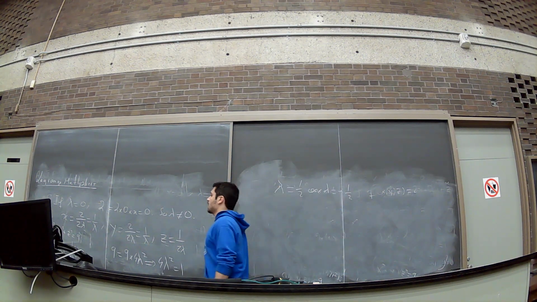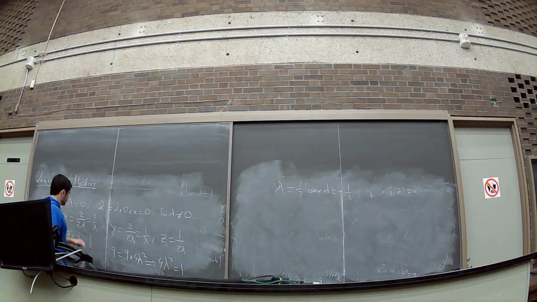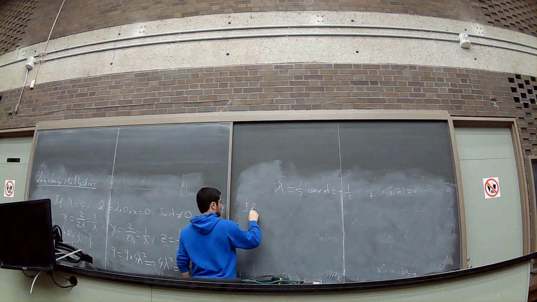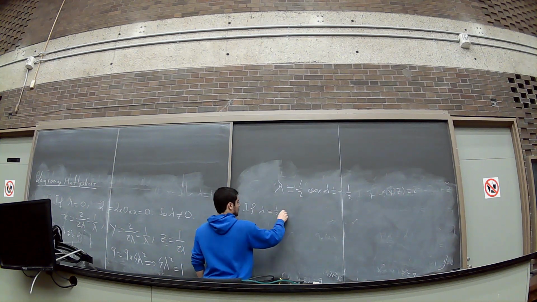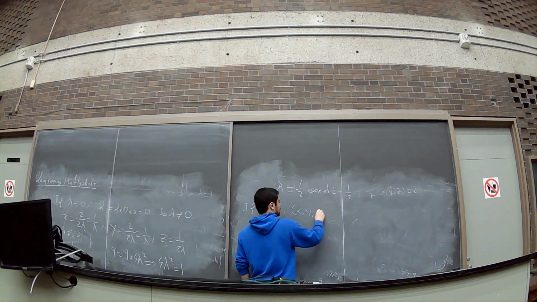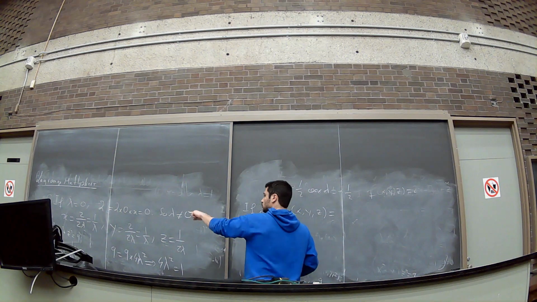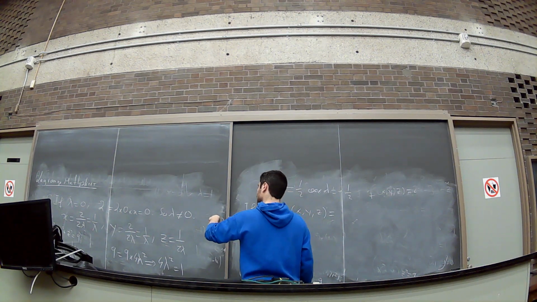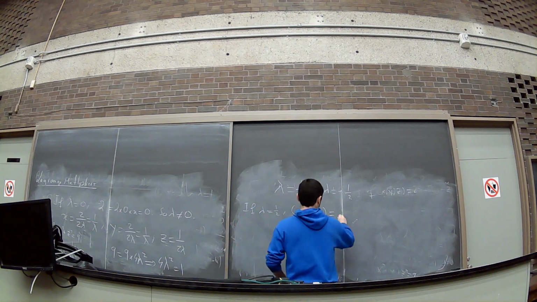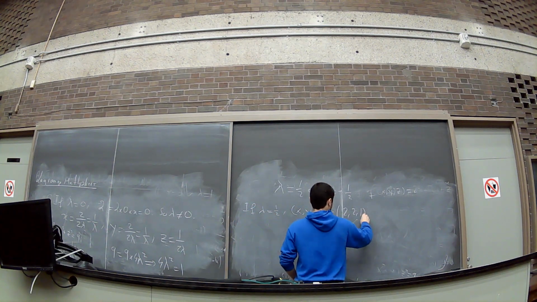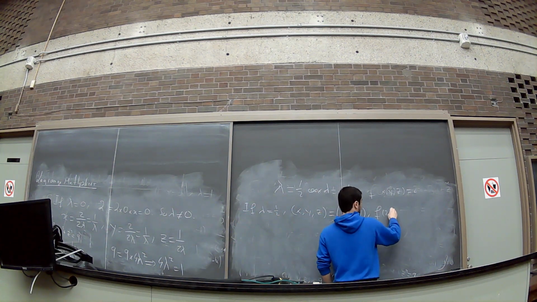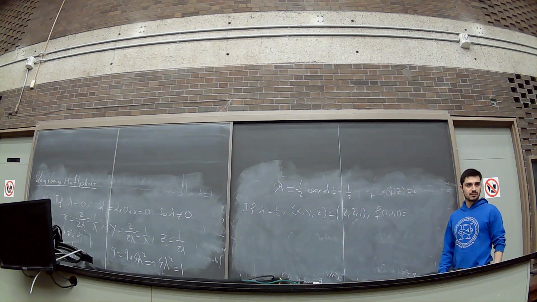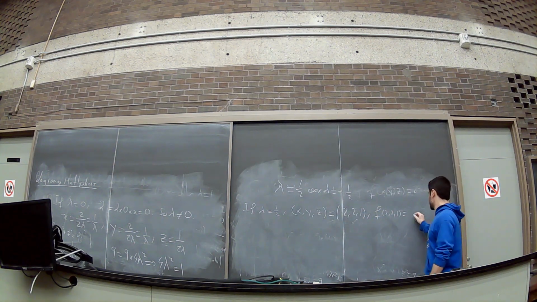Now, if lambda is equal to 1/2, what is my value of x? If lambda is 1/2, x, y, z, what is that equal to? 2, 2, and 1, right? What is f of 2, 2, 1? It's 9, right? 4 plus 4 plus 1, that's good, very good.